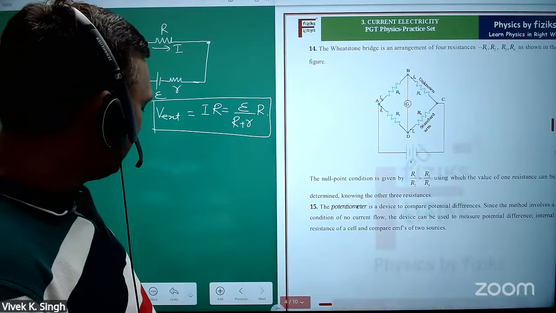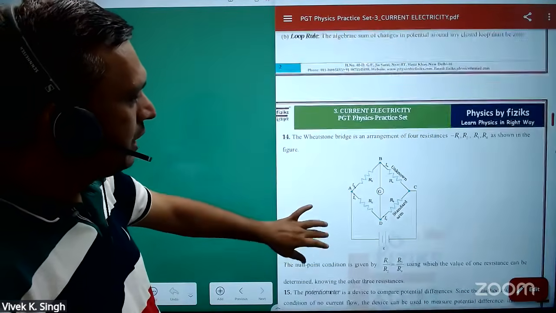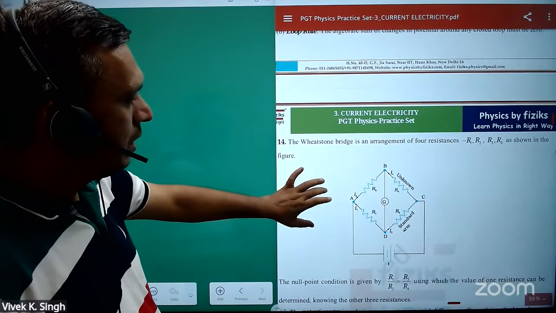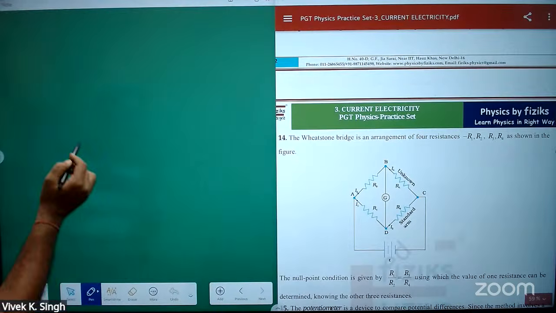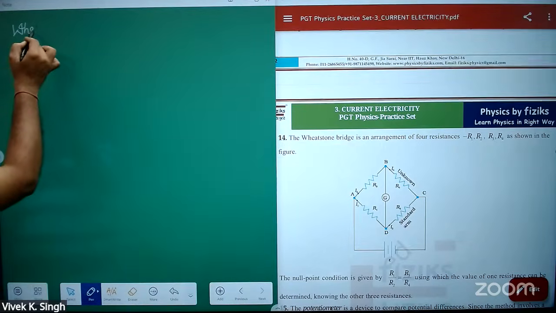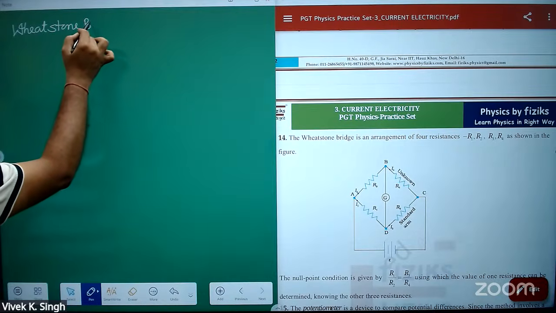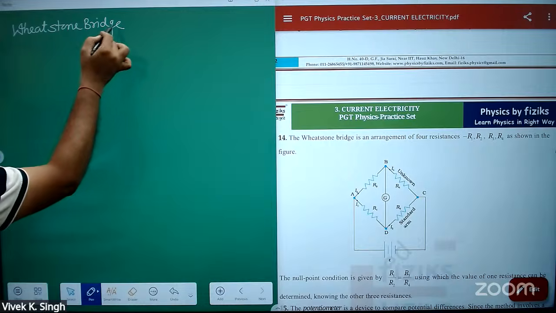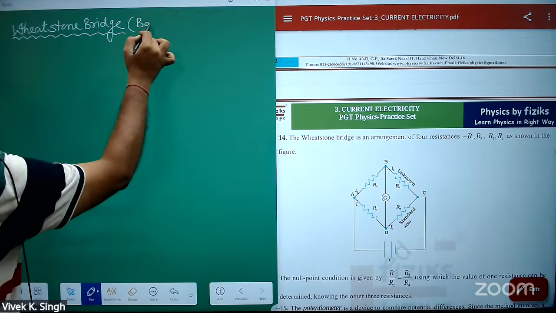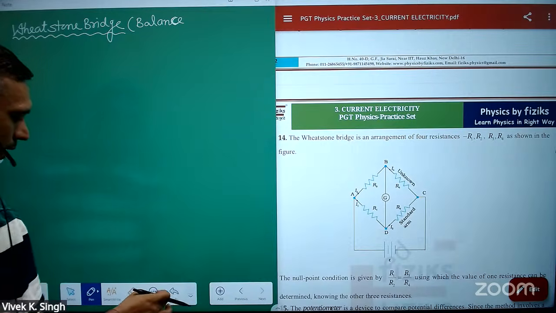Now, one is the Wheatstone bridge. What is a Wheatstone bridge? Let's consider the Wheatstone bridge. And we will see the balanced condition.